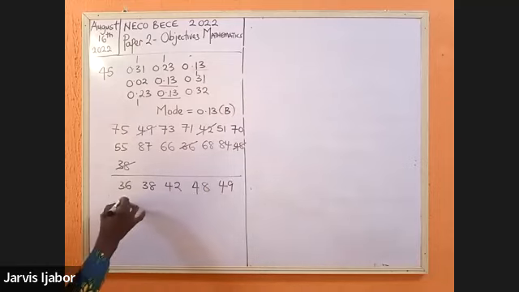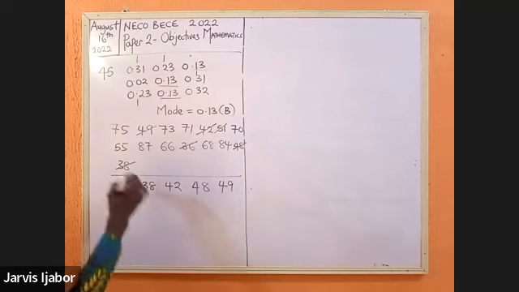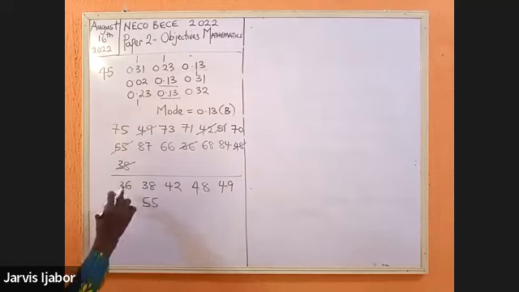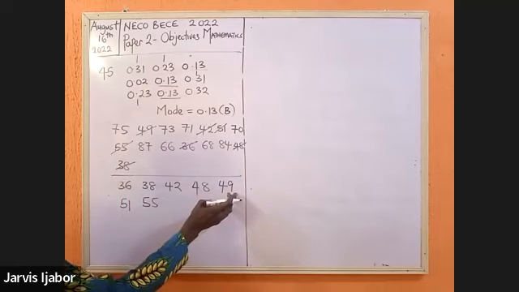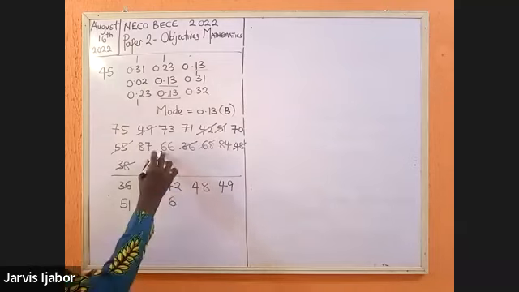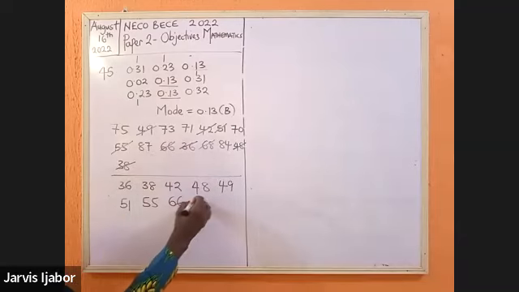Now, 51, 55. Notice that because I know there are 15 scores, I'm now arranging them in fives. In an exam setup, I'll be faster than this, but just to help you see what I'm doing. Next one will be 68. But I'm seeing 66 here, so I'll put 66 before 68. Next one will be 70.